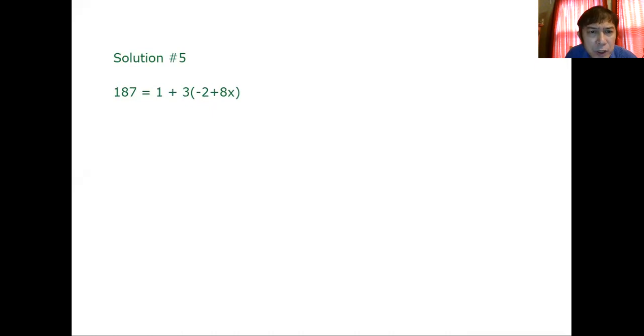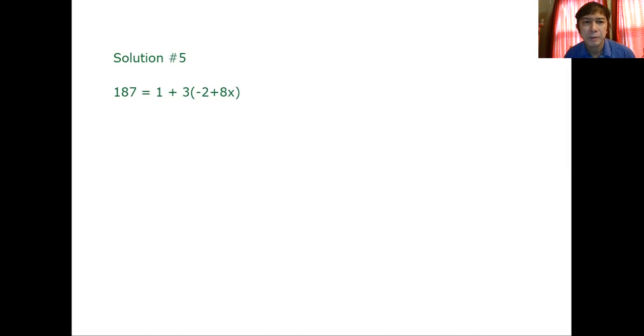Let's see what we can simplify over here. If we subtract 1 from both sides, that will become 186. I'll just show you the plan, okay? We can do that, and then we can divide by 3, because 187 minus 1 will make it 186, and 186 is divisible by 3.